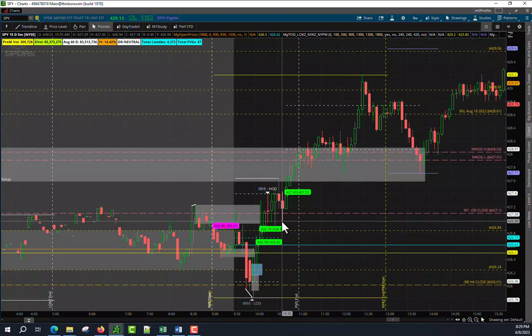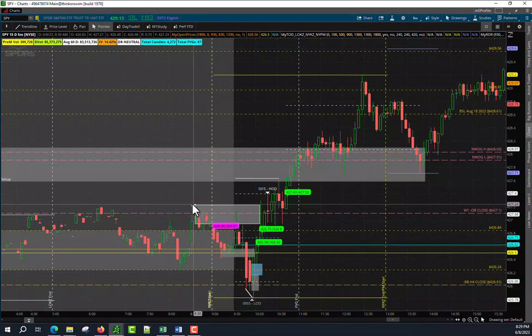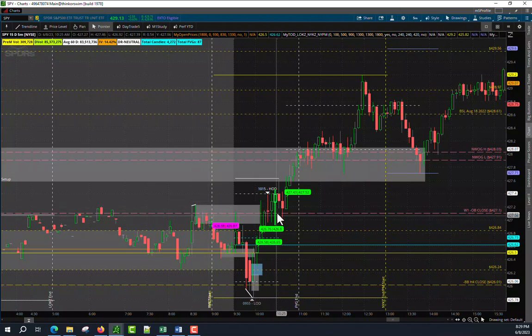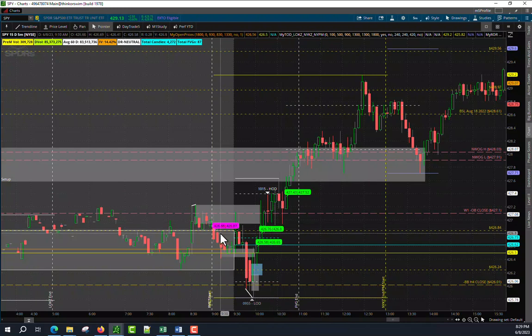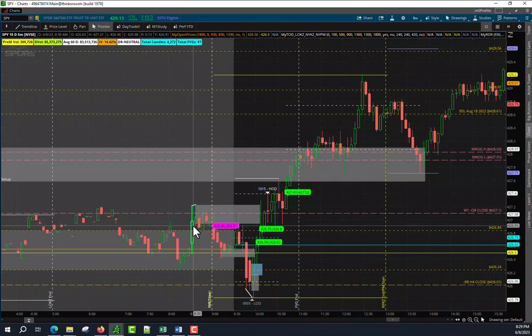So I think this is the point of interest right here at 8:30. This candle gives us a signal that if it breaks above this one and retests, then I give it an entry right there. So I would mark this 8:35 right here.